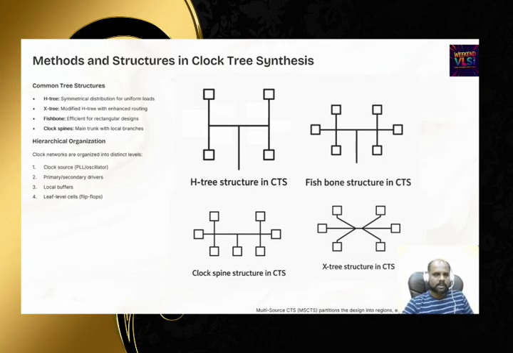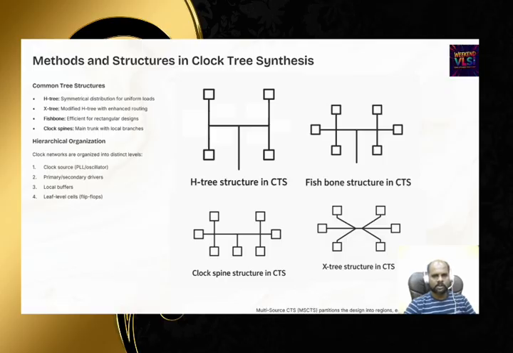Okay, next is how the clock network is organized. You will see a clock source. The clock source may be a PLL, or if it is a block, you may have a block pin. From there the source is taken, and goes to primary and secondary drivers.